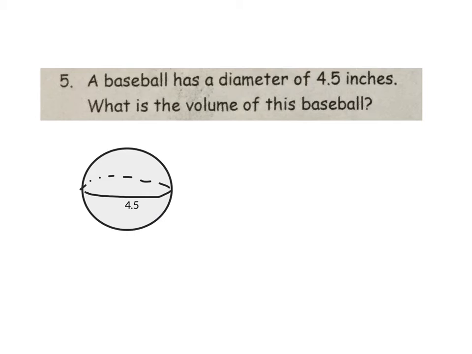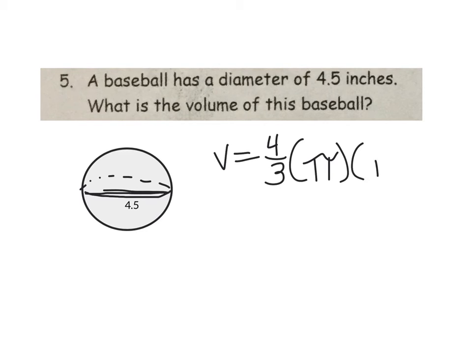That diameter goes all the way across, so we're going to have to get the radius. What you have to do is divide that diameter by 2. Then we'll be able to find the volume of a sphere, which is what this shape is. So again, 4/3 times pi times the radius cubed. All right, there we go.